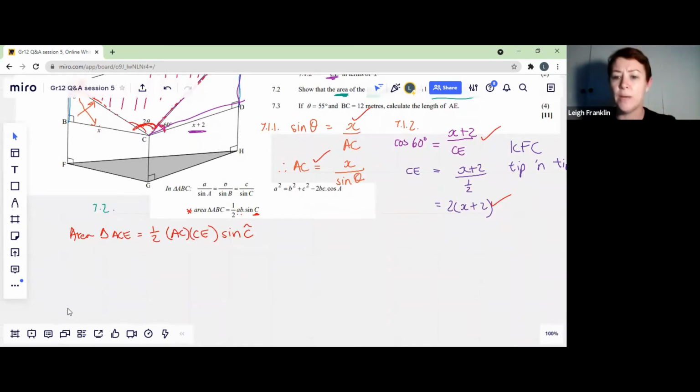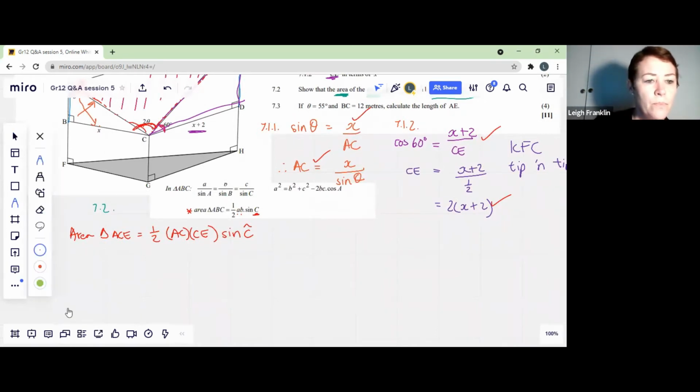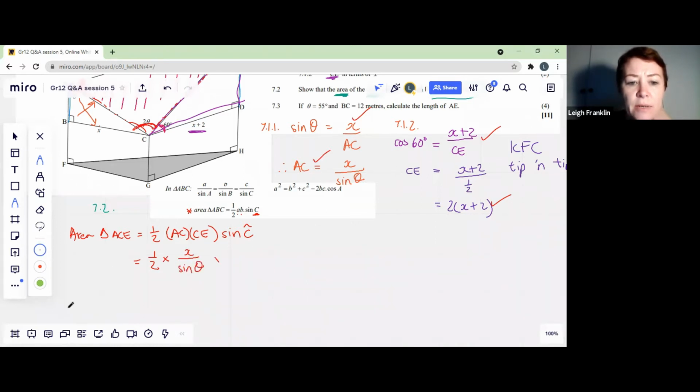I'm just moving the screen up a little bit. Okay, so substituting into my rule, that gives me 1/2. AC is x over sine theta, so multiplied by x over sine theta times CE. CE is 2 times x plus 2. Let's put that over 1 so that we know what's at the top and what's at the bottom.